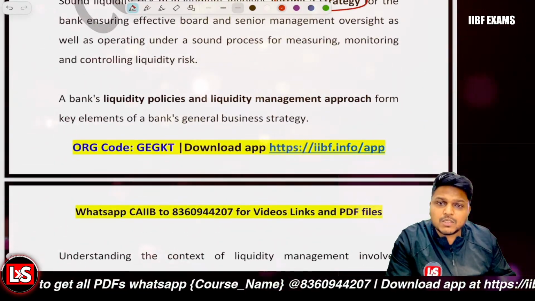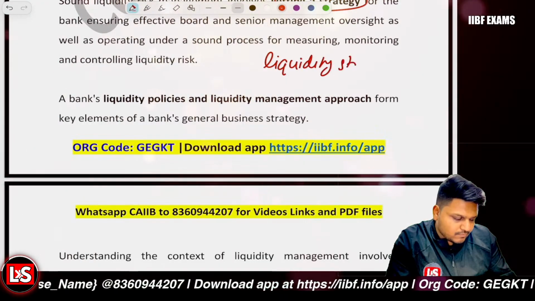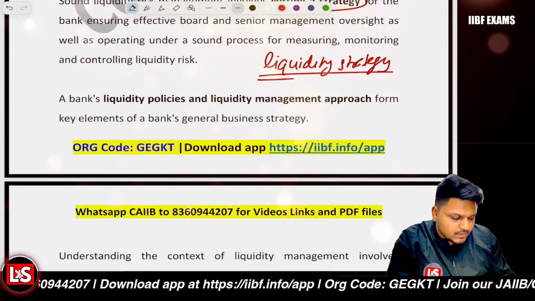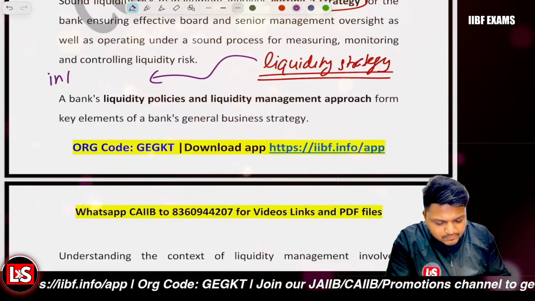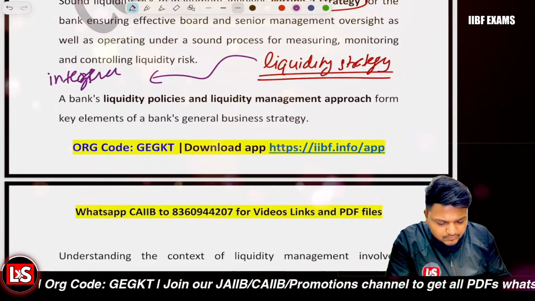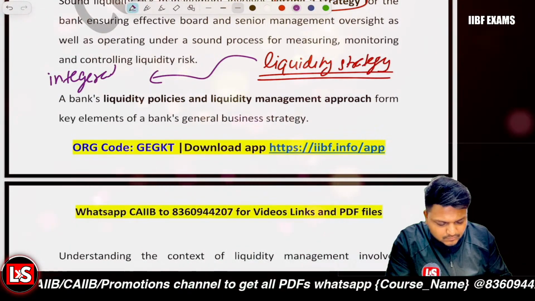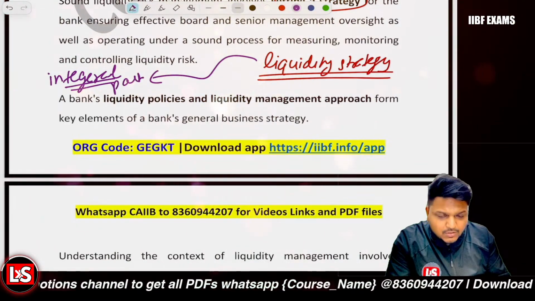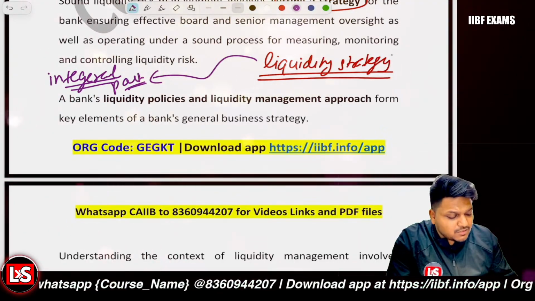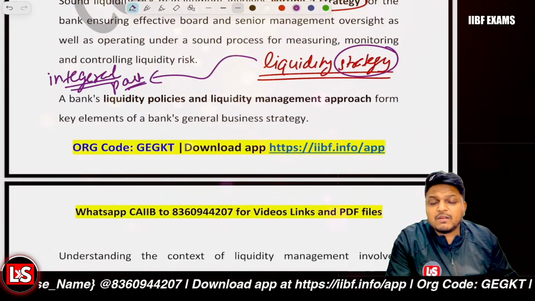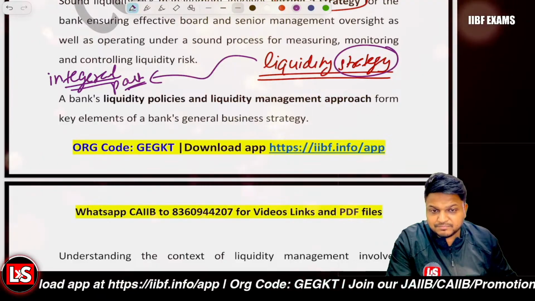Let's say if we are talking about a liquidity strategy, it should be an integral part of the overall policies. And what should be the main objective of this particular strategy? That we should have the ability to withstand stressed situations, right?